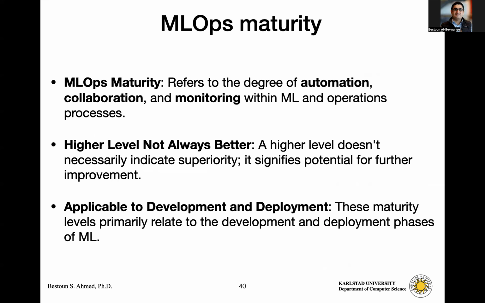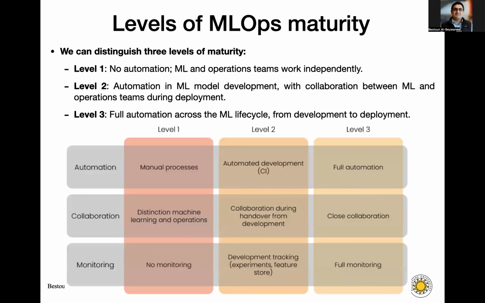For example, there are 3 levels of automation. However, a higher level doesn't mean that it is good or bad. It depends on the use case requirement. Sometimes you just go with the first level, let's say. So we have level 1, level 2, level 3.